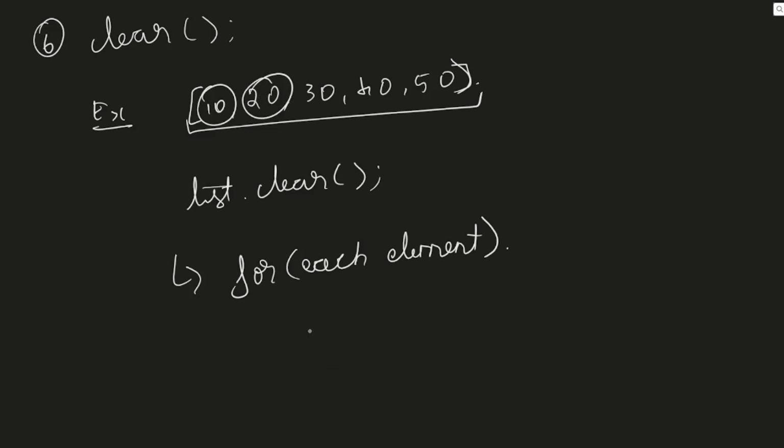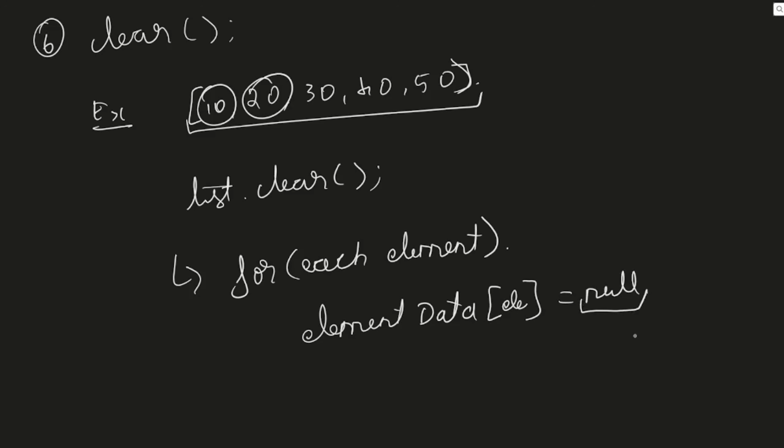Since they are objects, we are just updating the value of that particular index, meaning for each element, we are just updating with null. And size gets updated to 0. Even in remove, add, the size gets incremented and decremented. That's it. It's pretty self-explanatory.